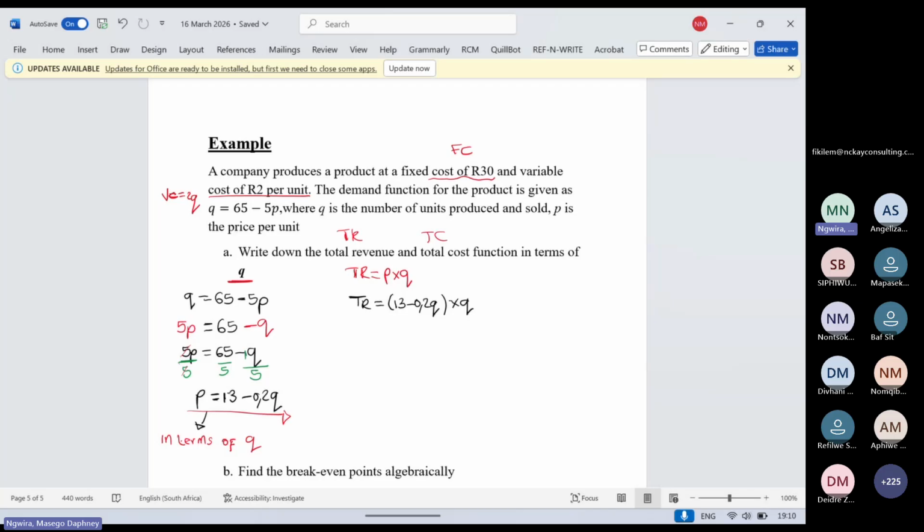It means my answer must have Q. So this is P is equal to, my answer has Q. But here it's Q is equal to, my answer has P. When I say in terms of Q, I mean that there must be Q on my right-hand side. That's what we mean. Okay, thank you.